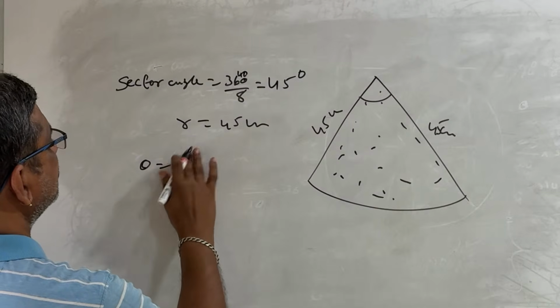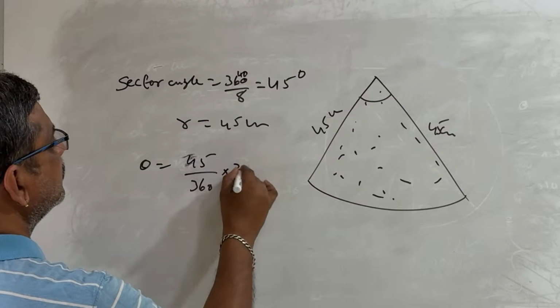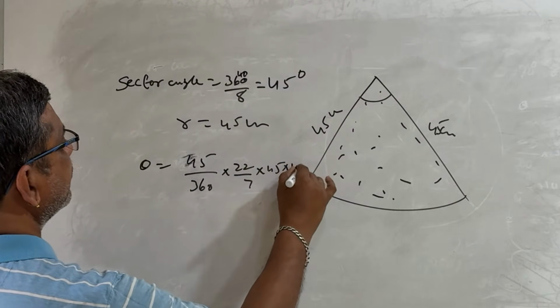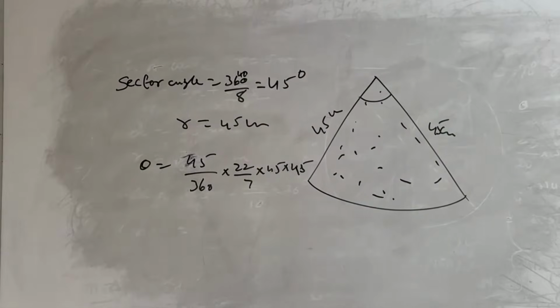So, 45 by 360 into 22 by 7 into 45 into 45. So what is the area? Find out the area. That much.